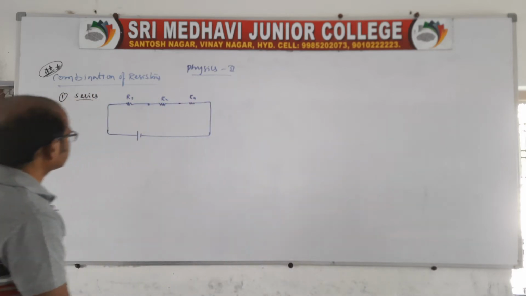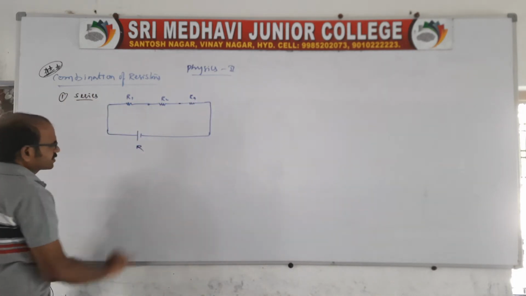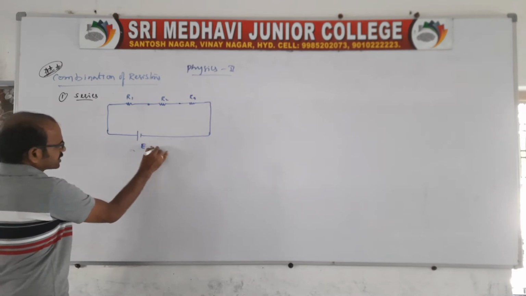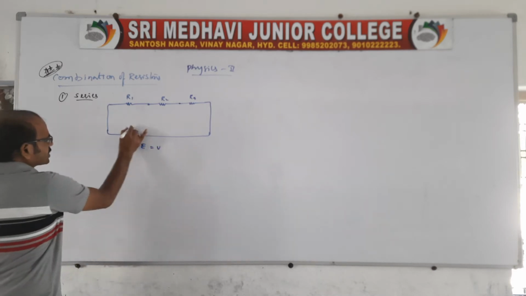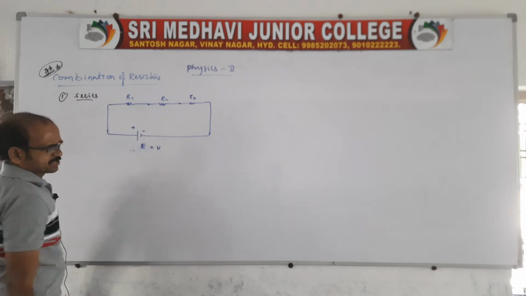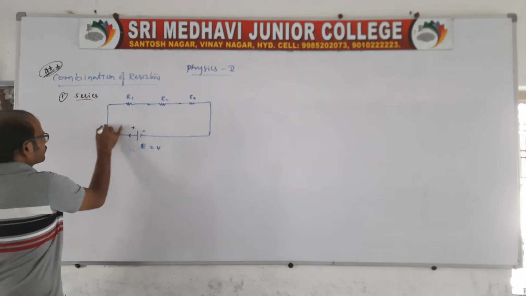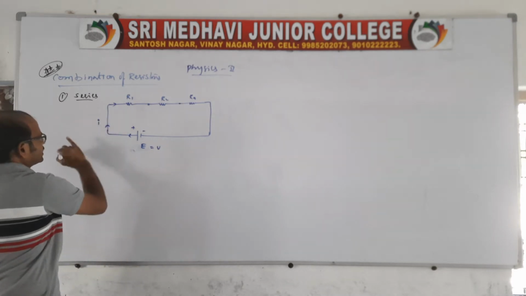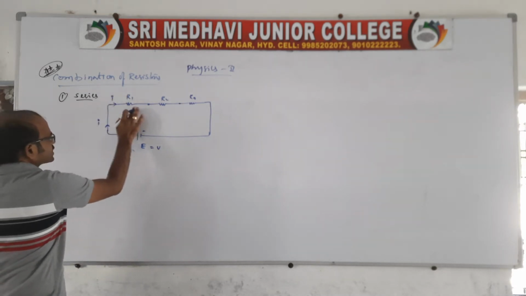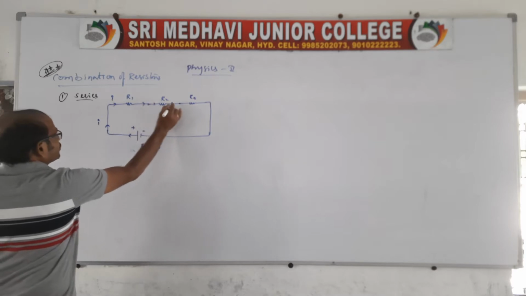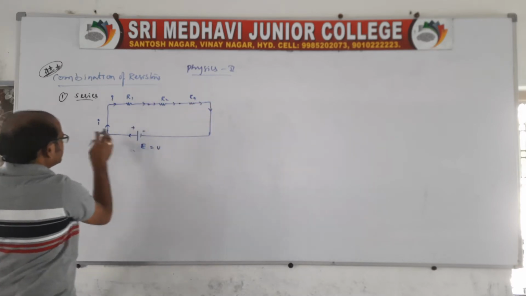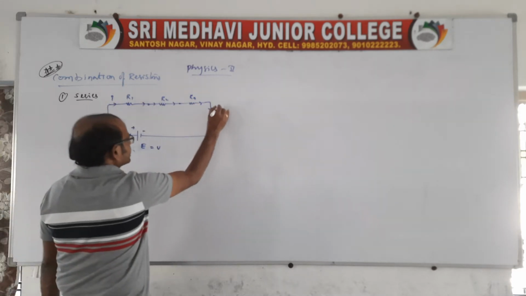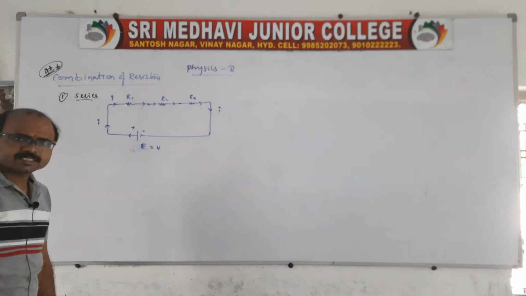In this series combination, the battery has EMF E, or we can say V, with a higher potential terminal and a lower potential terminal. When current flows, current I enters through resistor R1, and whatever current enters the first resistor leaves from the last resistor, the same.